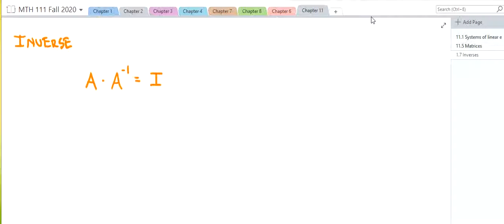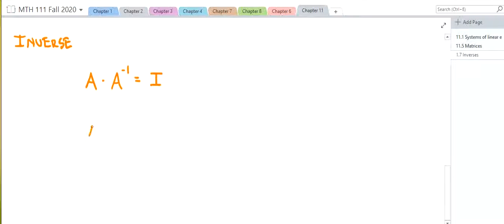This is cool because if you can figure out the inverse, you can multiply it by our original matrix and end up with an identity, which is analogous to a division going on there.